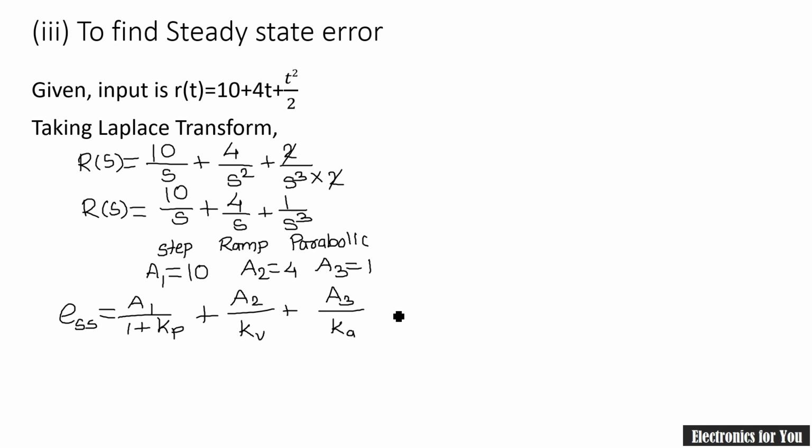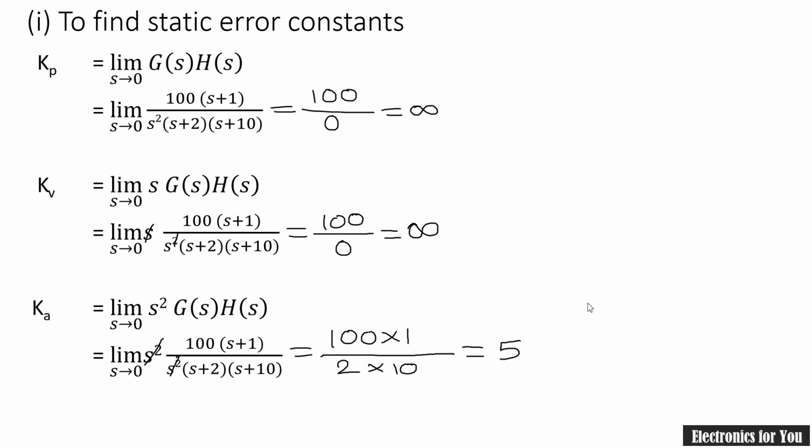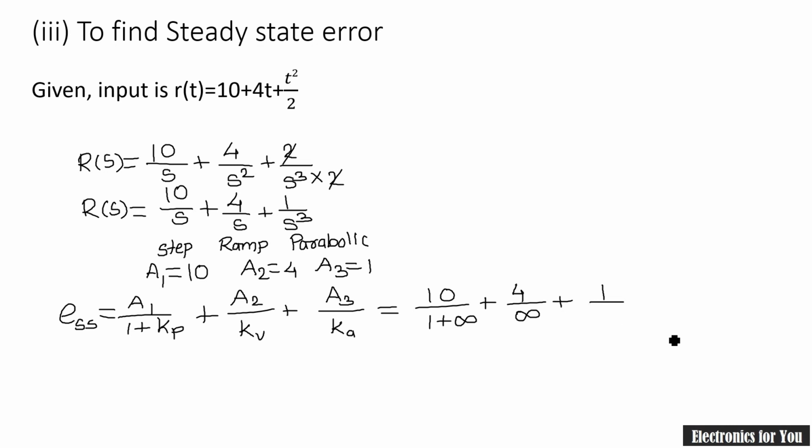Now just put the values here. a1 is 10 divided by 1 plus infinity, because Kp is infinity. a2 is 4 over infinity again, and a3 upon Ka, where the value of Ka we calculated was 5.